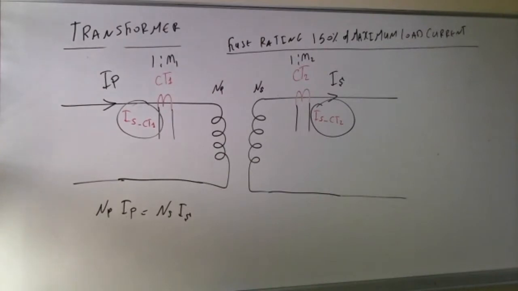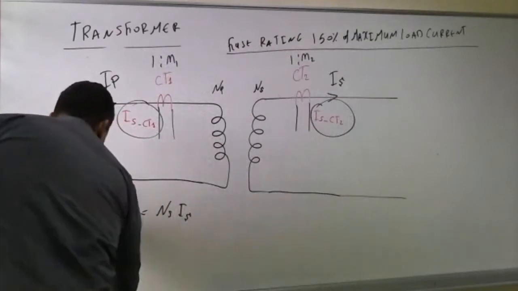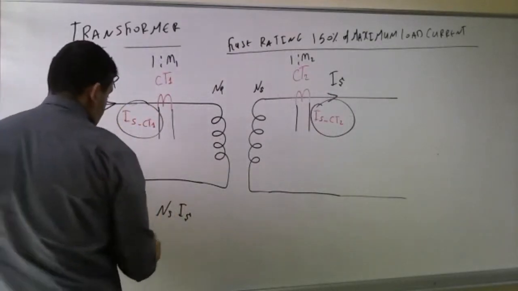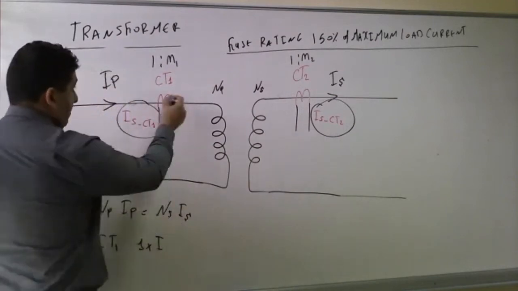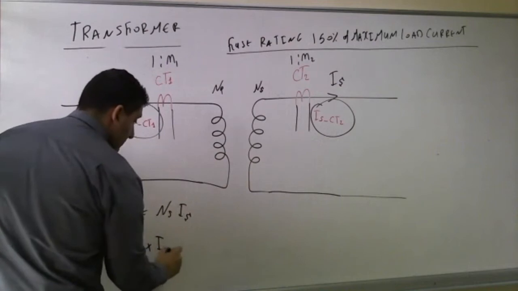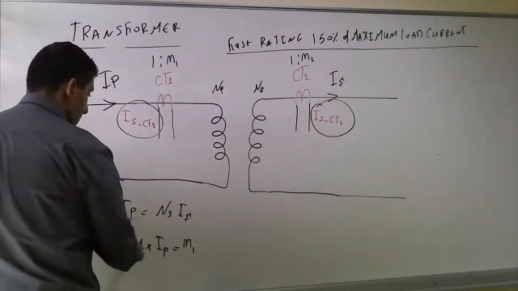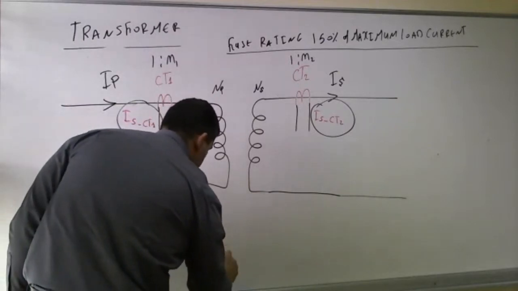So when I come to CT1, pay attention. I have 1 multiplied by I primary, the primary current that comes in, will be equal to N1 times I secondary of CT1.